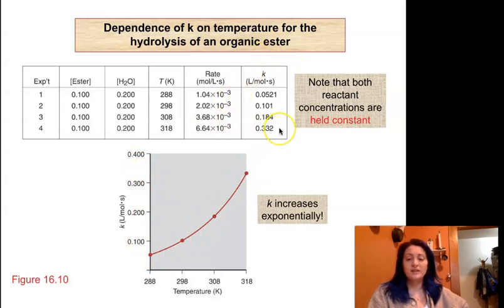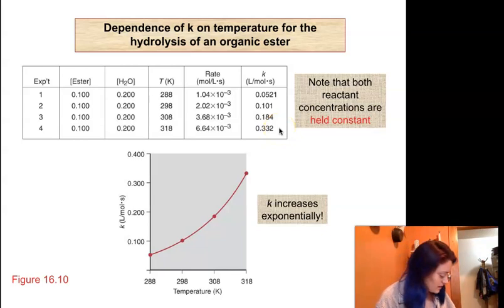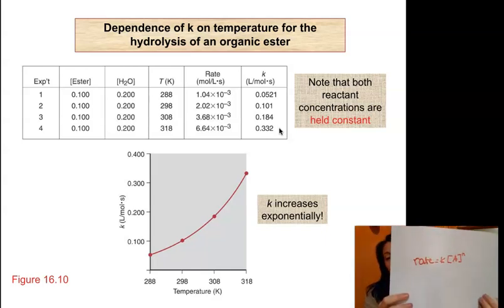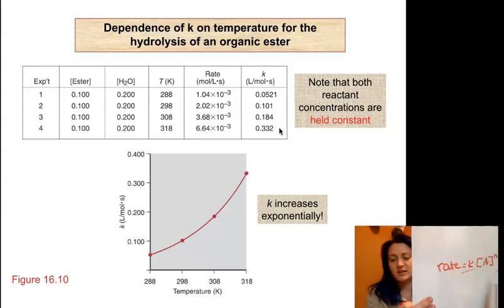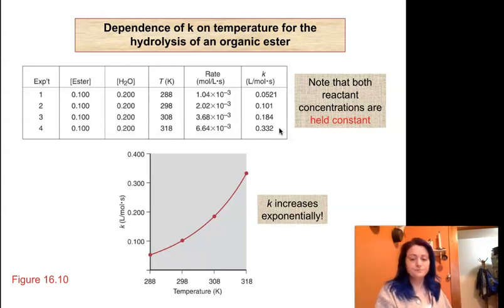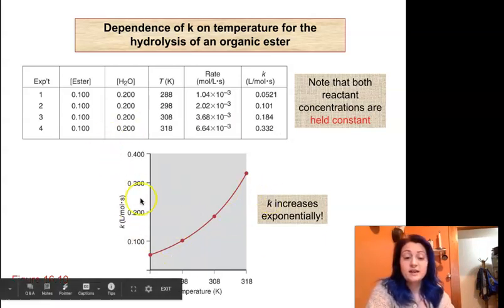In order to calculate K, if you think back to when we write rate laws, rate equals K times concentration raised to some power. If you plug in the experimental data, you can calculate K. They plugged in the rate, they plugged in the concentration, they know the order of the reaction, then you can calculate K. So what they did here is they calculated K at different temperatures, and as you can see, K increases exponentially.